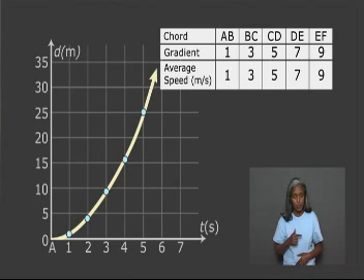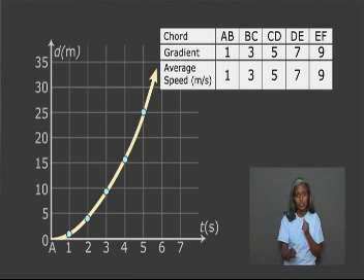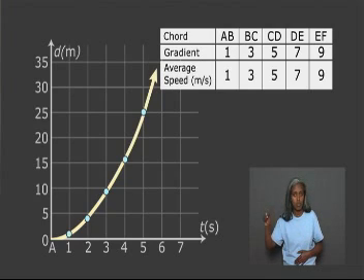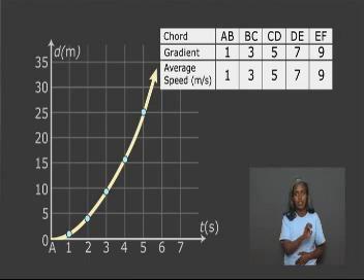If we designate A through F to be each individual point on the graph, we can find the gradients of the chords AB, BC, CD, DE, and EF.